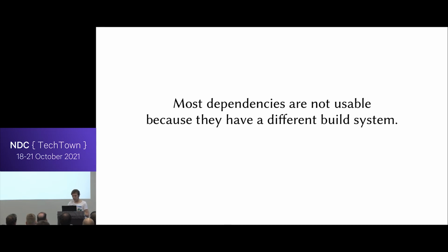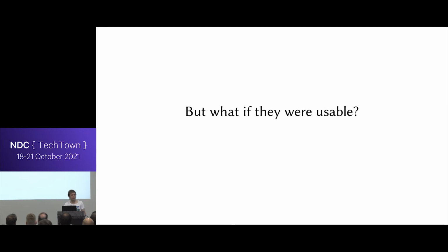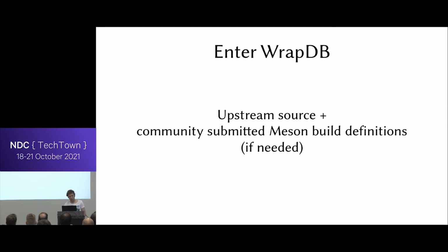So the interesting question is, what if they were usable? How would you make them usable? This is the way we've done it: we take the original upstream source, and then you can submit Meson build definitions for those projects, and then add it if needed. It's all done by GitHub.